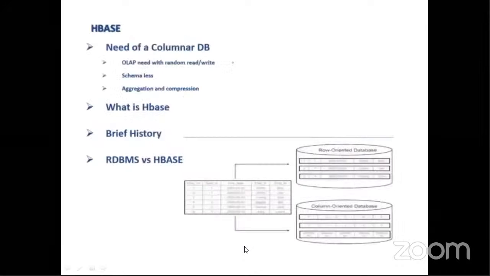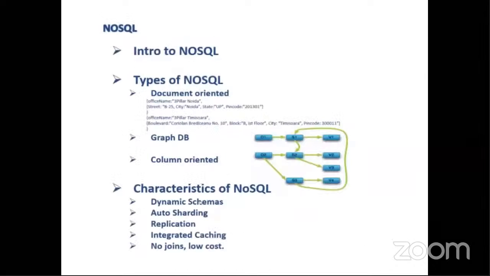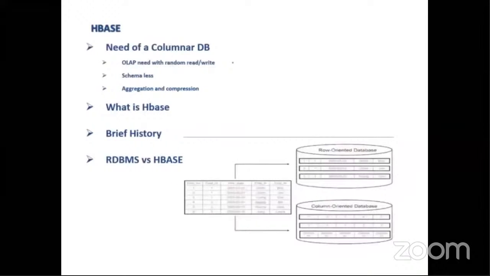Now, till this point we have seen what is meant by the CAP theorem and what NoSQL databases are. Now we will see what HBase is and why we go for HBase. If you want to achieve transaction processing in Hadoop, you can simply go for HBase. What is meant by transaction processing?